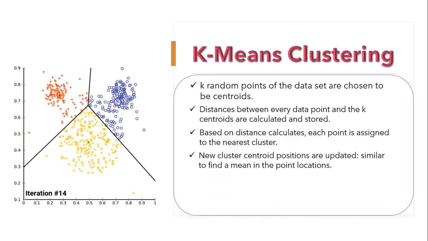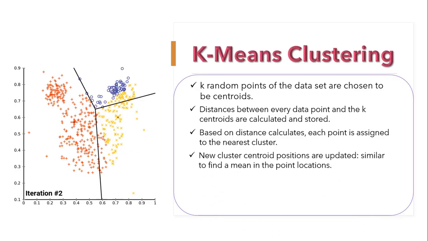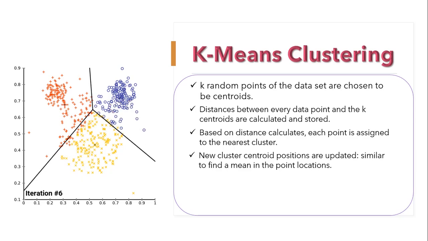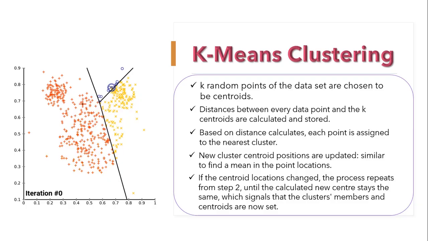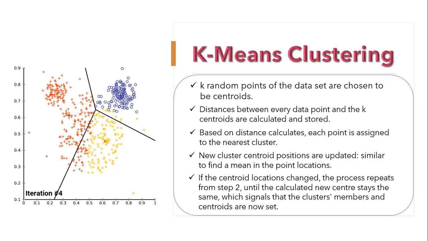After that, new cluster centroid positions are updated, similar to finding the mean of the location points. If the centroid locations change, the process repeats from step 2 until the newly calculated centers stay the same, which signals that the cluster members and the centroids are now set.